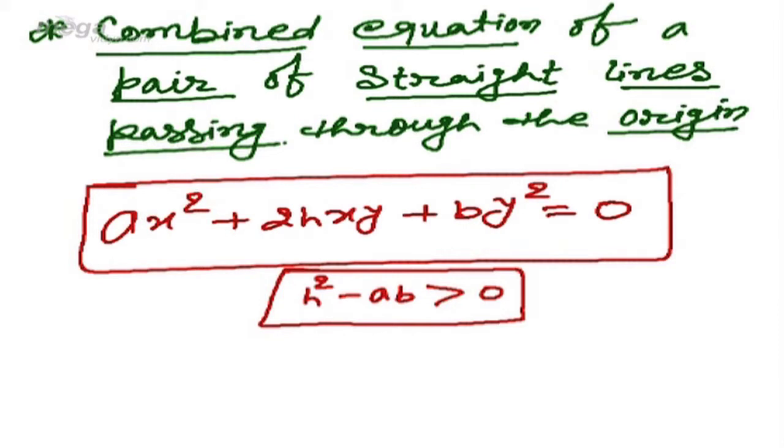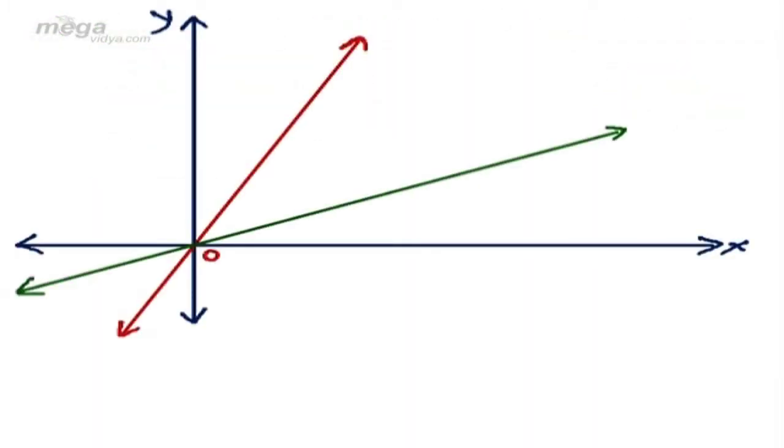And what will be the figure of the straight lines whose equation is written in this form? Is it possible every time that this equation always represents a pair of straight lines, or do we need some condition? So student, here I am taking the figure. You can see this is the x-axis, y-axis, and these are two lines passing through the origin.